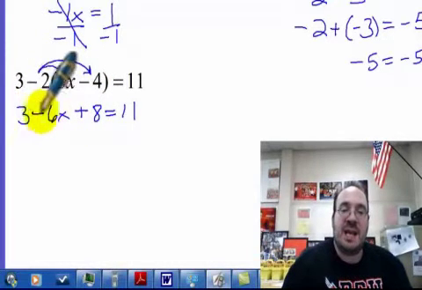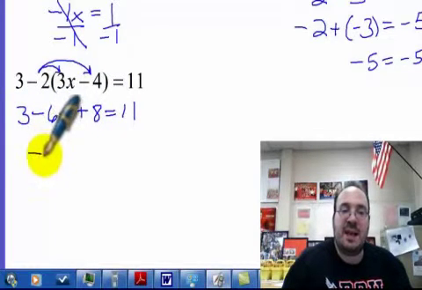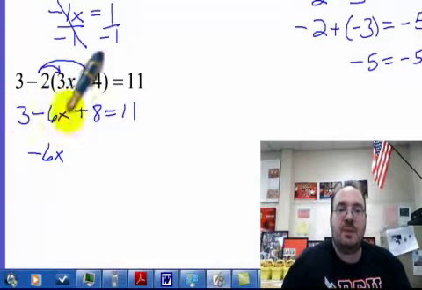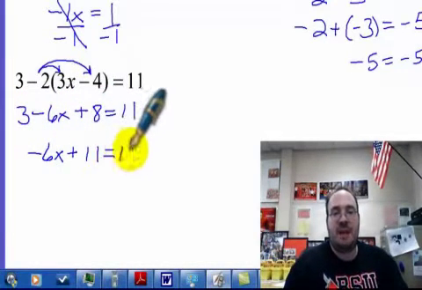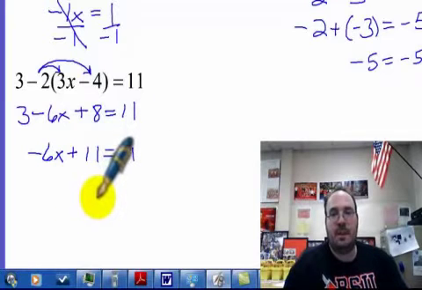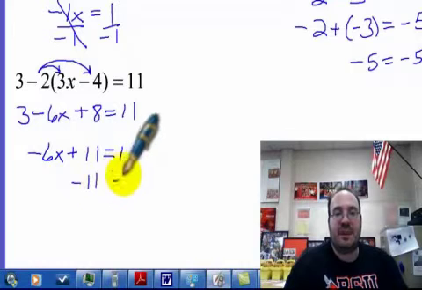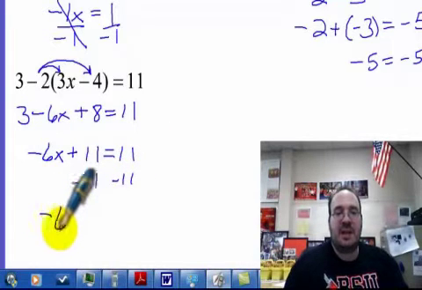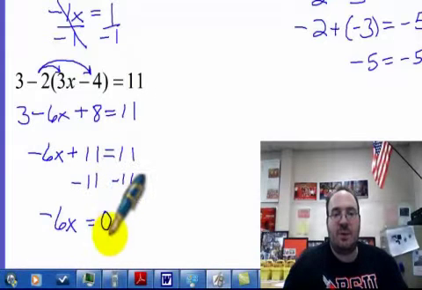Then the 3 and the 8, I can combine those and leave the negative 6x by itself for right now. 3 and 8 together give me 11, and then here I have 11. I will subtract 11 from both sides because it's a positive 11. So I get negative 6x equals, well, 11 minus 11 is 0.